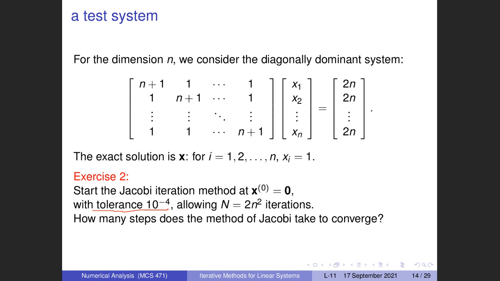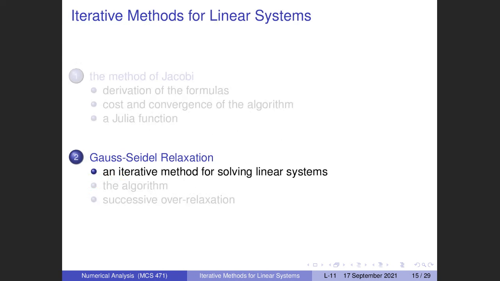So in the previous exercise, you went up to 100. Also here, don't hold back. If you take 100, let's take n equals 100, so that means n will be 200. So how many steps does the method of Jacobi take to converge? We will repeat this exercise when we see the next method.